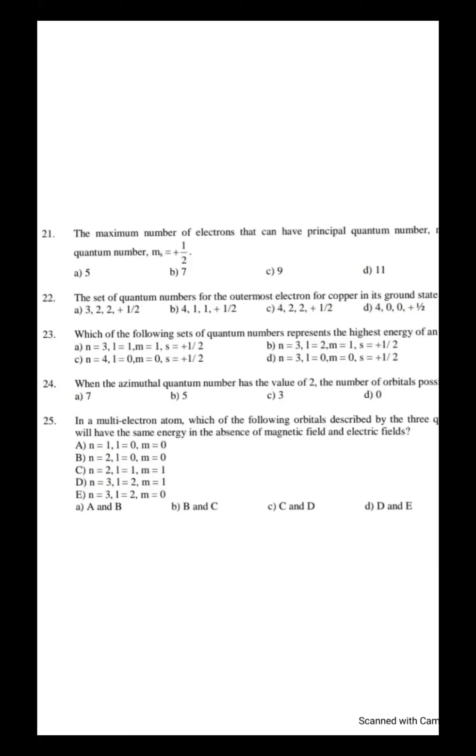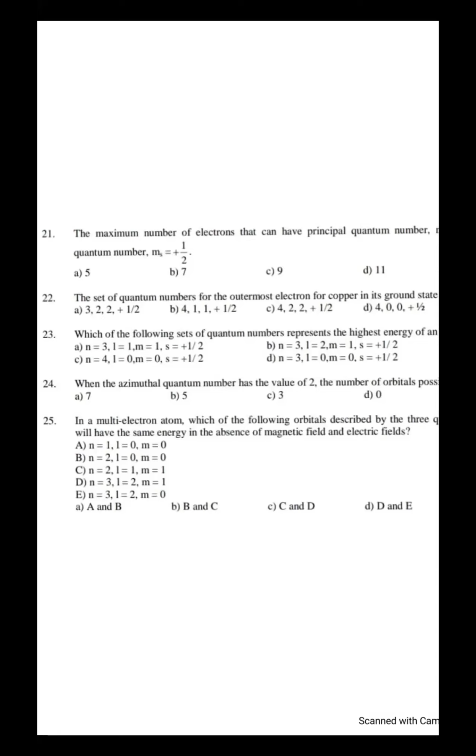Yes, Sheikh, tell me. Sir, in question number 22, if option D had minus half, it wouldn't be possible, right? Yeah, it is possible. You have to look at the options. If the option is minus half only, then you will select that.